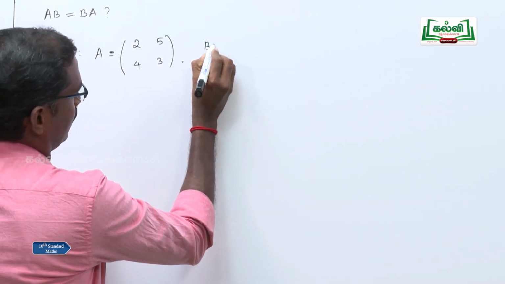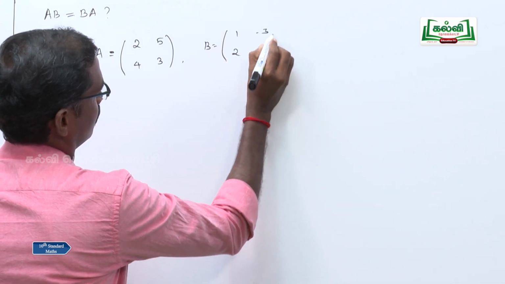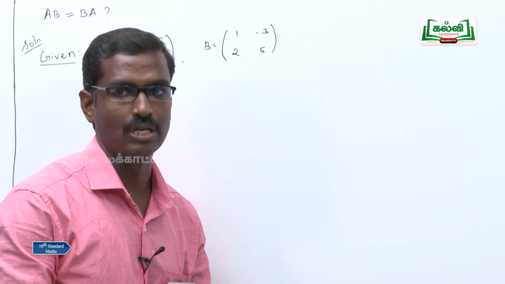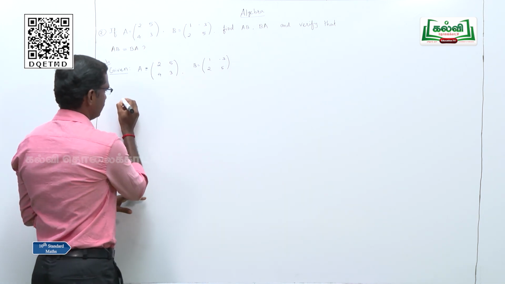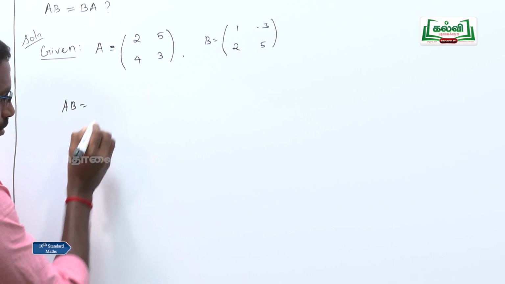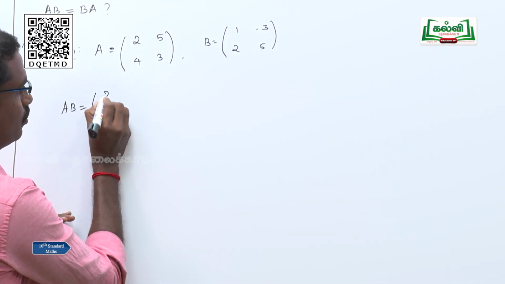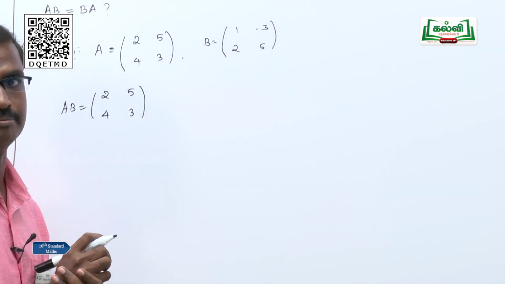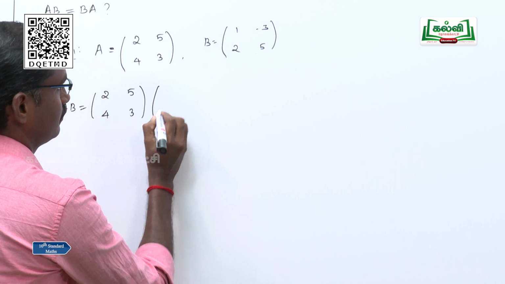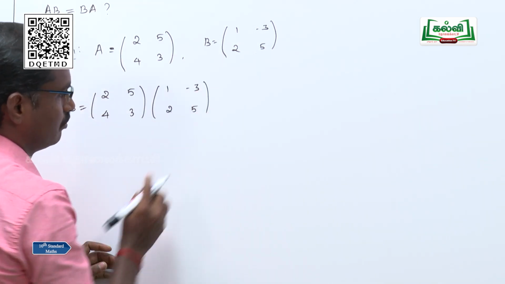Next write the B matrix: 1, -3, 2, 5. First of all, we have to find AB. Next, we have to find BA. First, AB. What is the meaning of AB? First, we write the A matrix 2, 5, 4, 3, and then write the B matrix 1, -3, 2, 5. Both are in multiplication form.